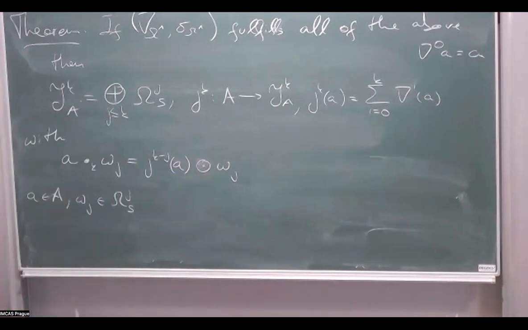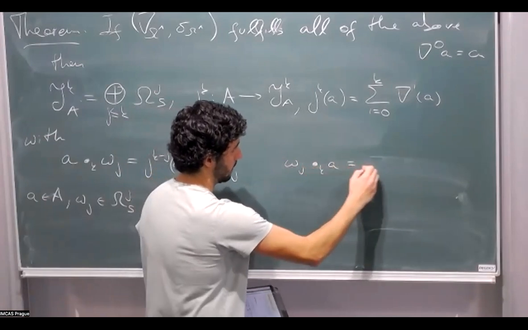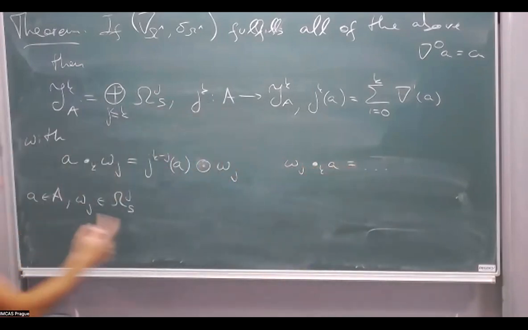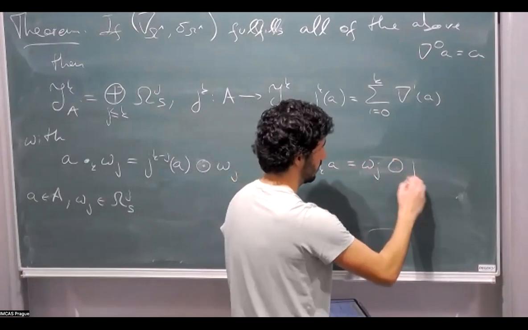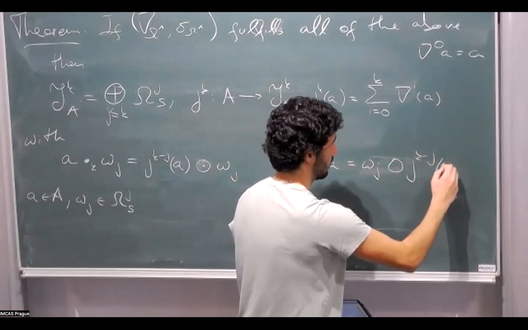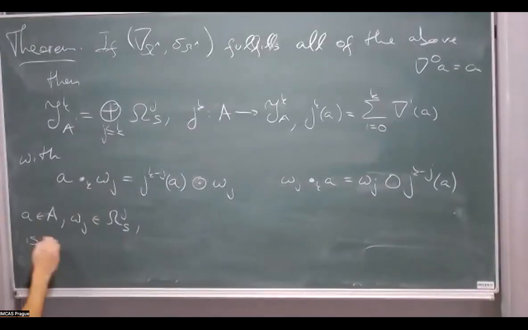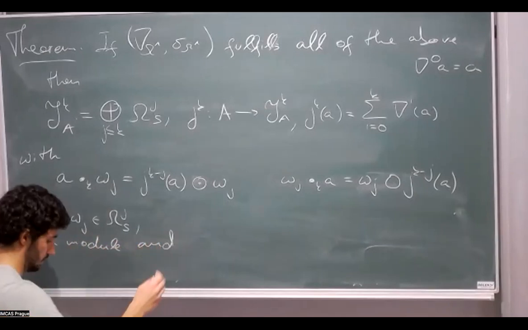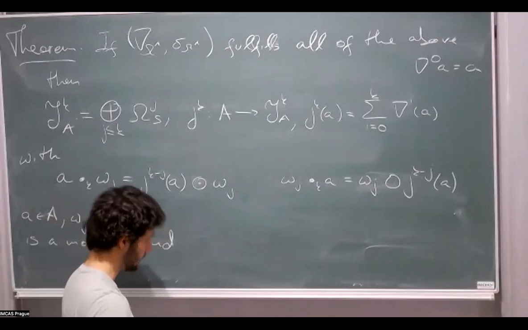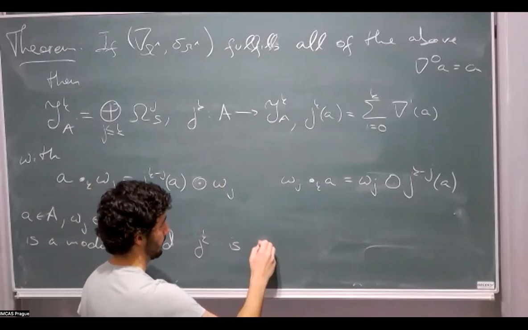And this is the module structure that we have. And same for the other side: omega j times j^k A, exactly the same but from the other side, omega j and then symmetric product, and j^(k minus j) A. So then this is a module, and the jet prolongation j^k is a bimodule map.